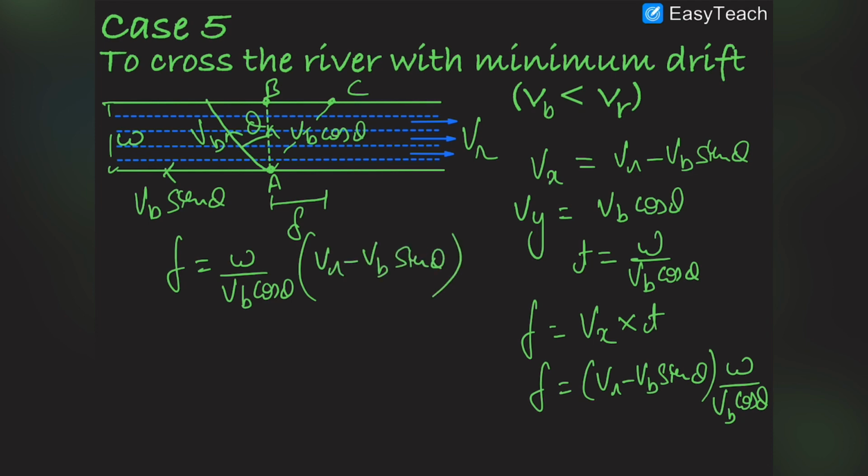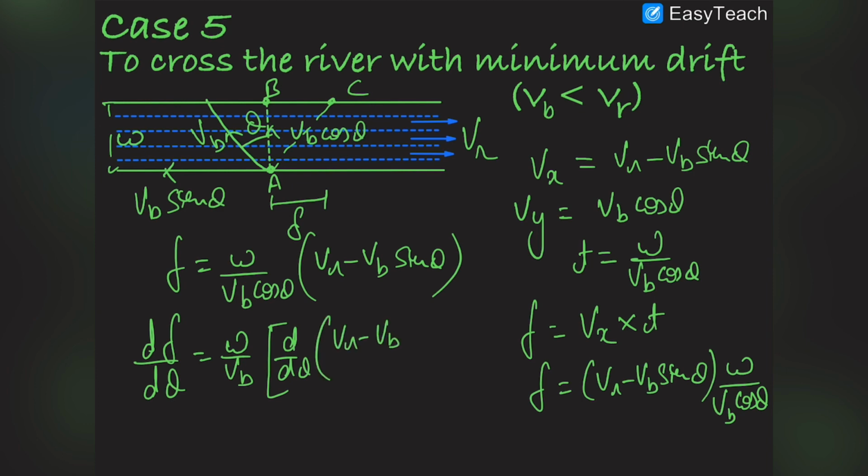Okay, now we need to find out the value of theta for which this del would be minimum. So we are using the technique of maxima minima. So d del by d theta will be equal to 0. So let us differentiate this one. So this would be d by d theta of VR minus VB sine theta divided by cos theta.